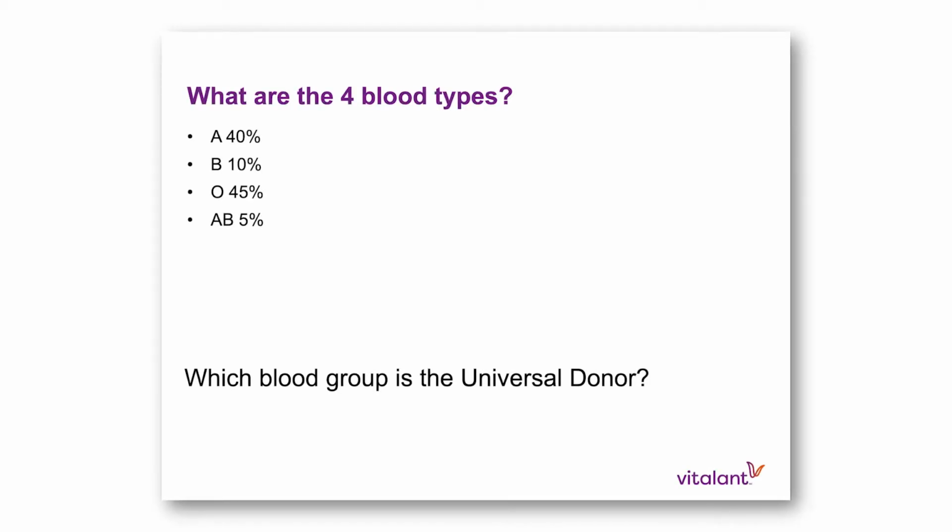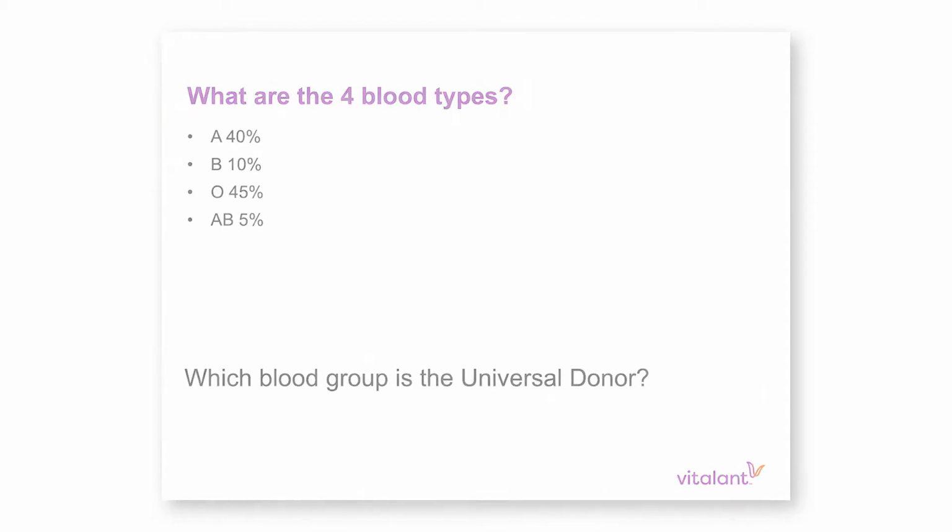And so these are the percent represented in the general population. So about 40% of us are A, so there'll be plenty in the room. 10% B, maybe a couple. 45% O and 5% AB. And we need to know the patient's type to safely transfuse them.